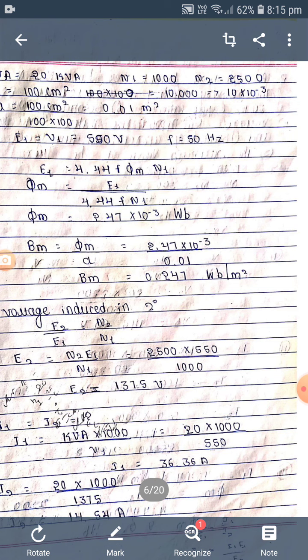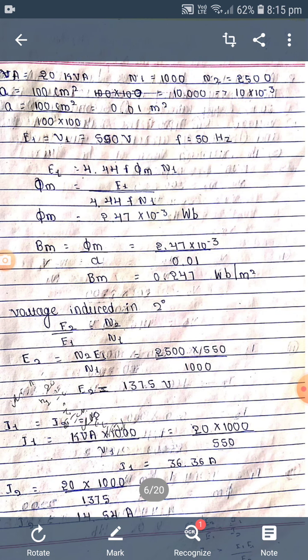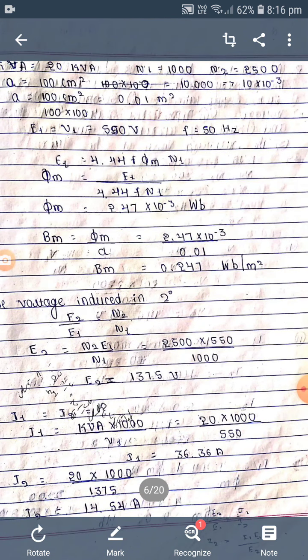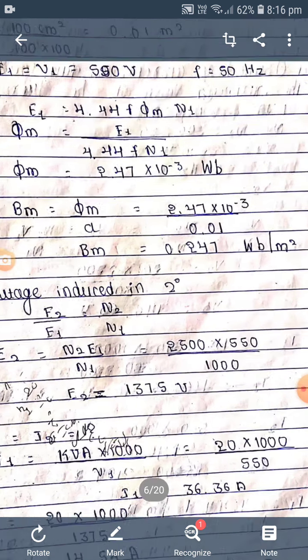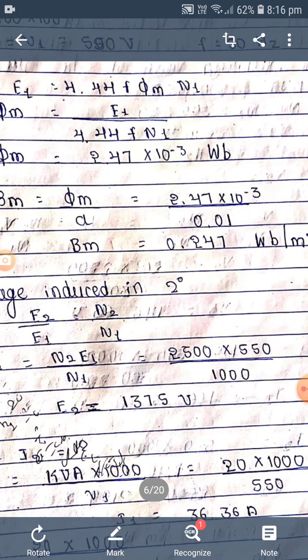Now use the EMF induced in the primary, E1 is equal to 4.44 f φm N1. Here φm is the unknown, the flux in the core; E1, f and N1 are known. So φm is equal to E1 by 4.44 f N1. Substituting all this, you get φm equal to 2.47 into 10 raised to minus 3 Weber. You can say 2.47 milliweber.